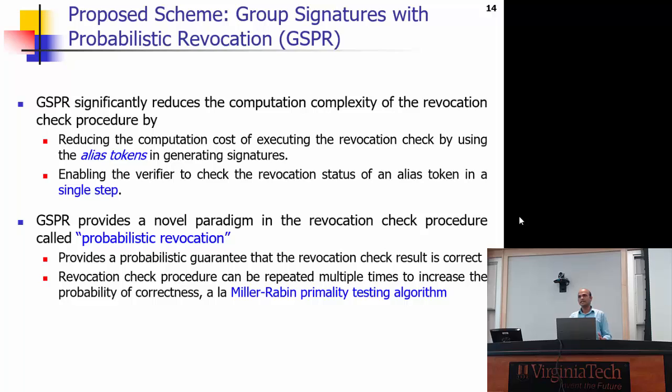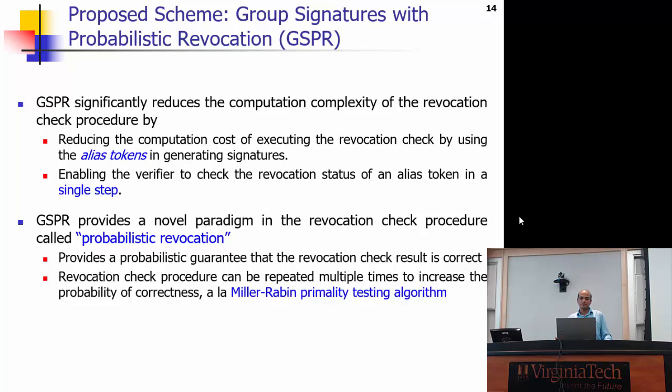Now we came up with a scheme to reduce it, which is called group signatures with probabilistic revocation. So we used 2 ideas. The first idea was that those identities should not be hidden behind a function. They should be revealed. Now in group signatures you cannot reveal the identities, so what we did was add some type of alias tokens which are also somehow related to the identities.